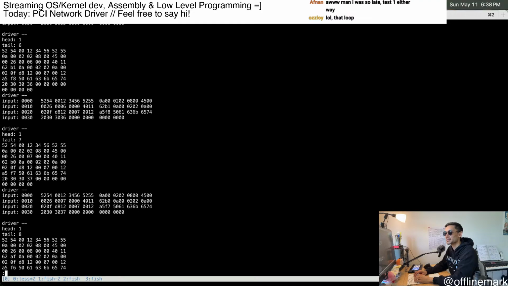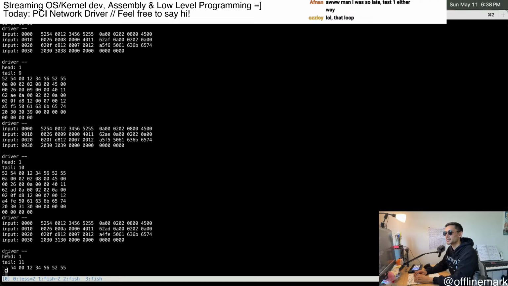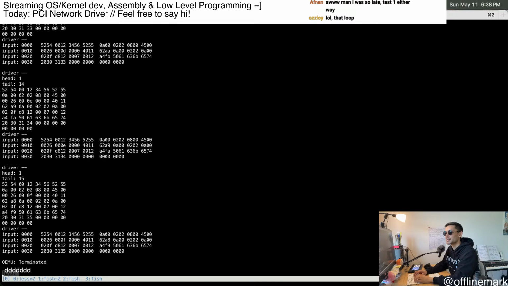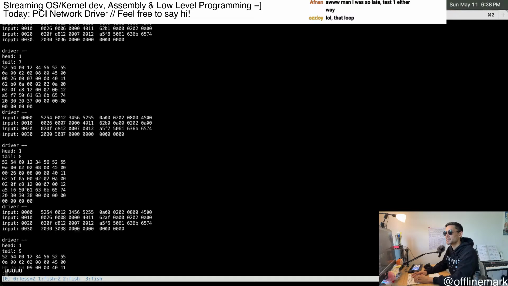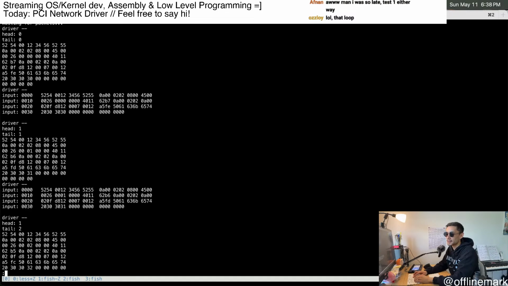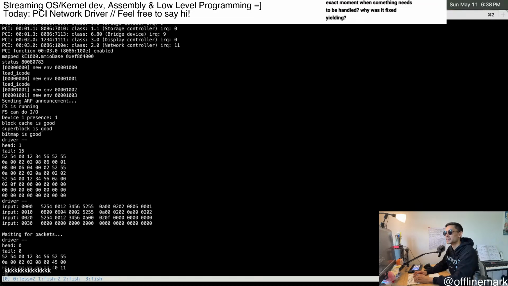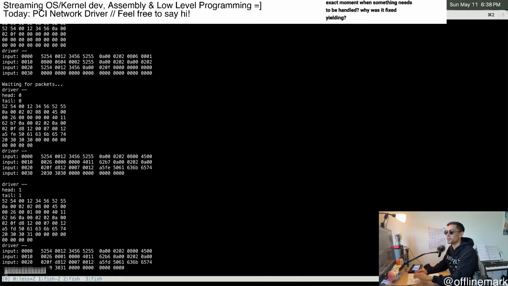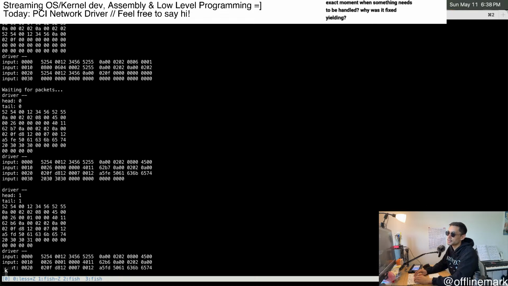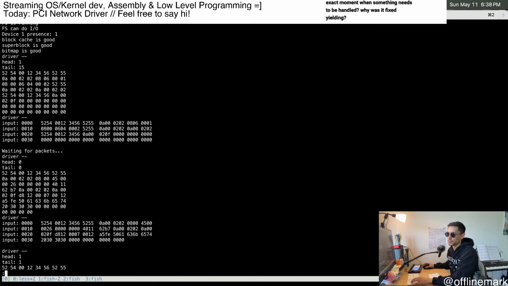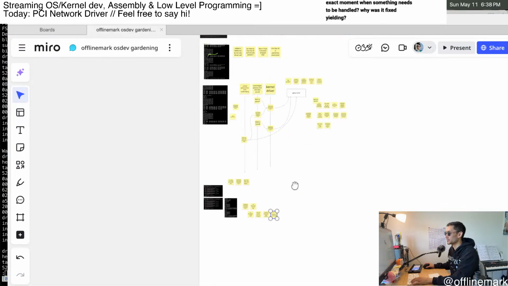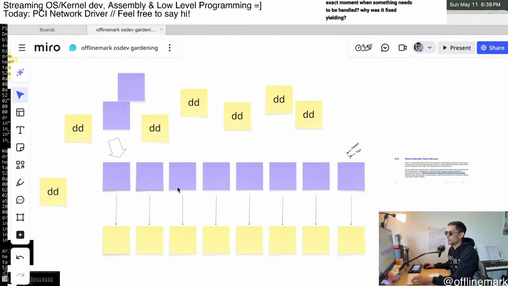So now this is kind of interesting. It definitely changed things, but we can also see that head and tail both got set to 0. Here's what that means: it's still filled up instantly.